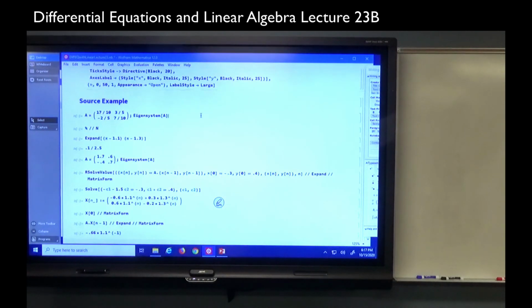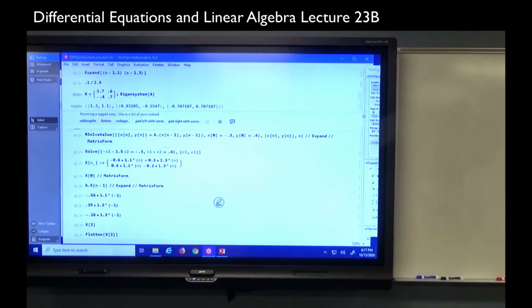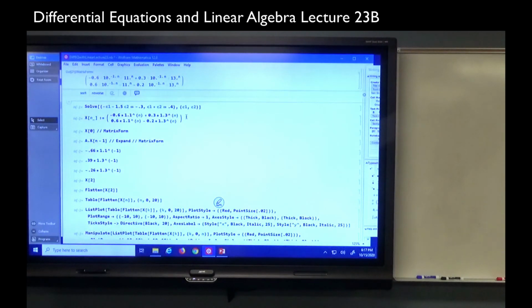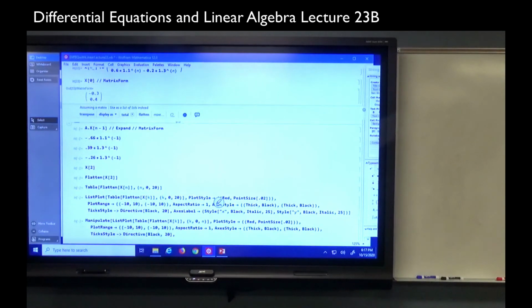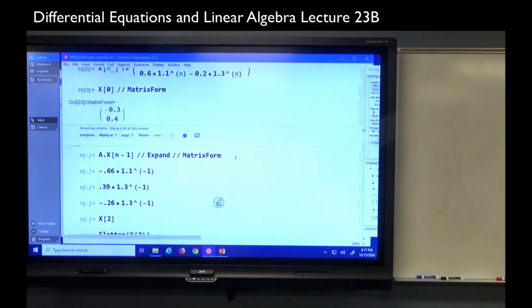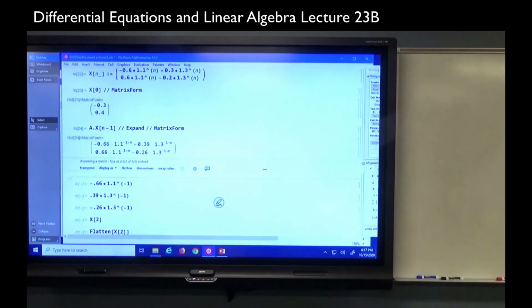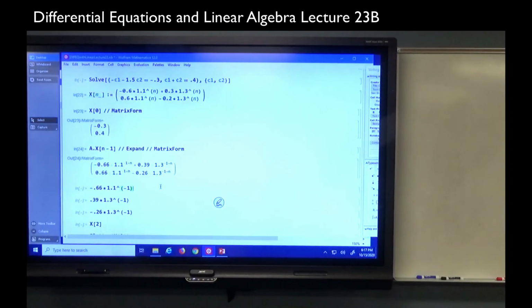For the source example, the same kind of things can be done. Again, RSolveValue is not so satisfying. Ignore some of this other stuff. I defined x n. It satisfies the initial condition, negative 0.3, comma 0.4. It also can be seen to satisfy the difference equation. This equals this, though you have to do these calculations to double check it.